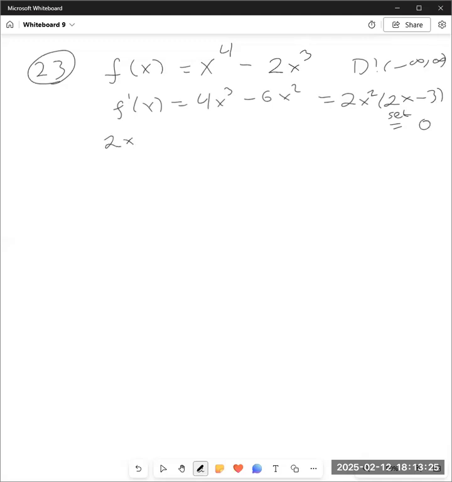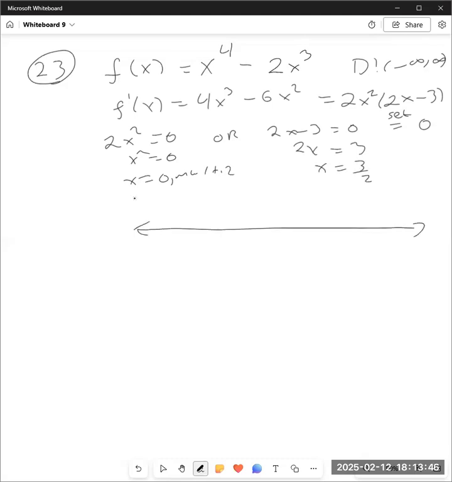So 2x squared equals 0, or 2x minus 3 is equal to 0. x squared equals 0, x equals 0, multiplicity 2. I'll tell you why I care about the multiplicity in just a second. 2x is equal to 3, x equals 3/2. Put those on the number line. 0 is to the left of 3/2.